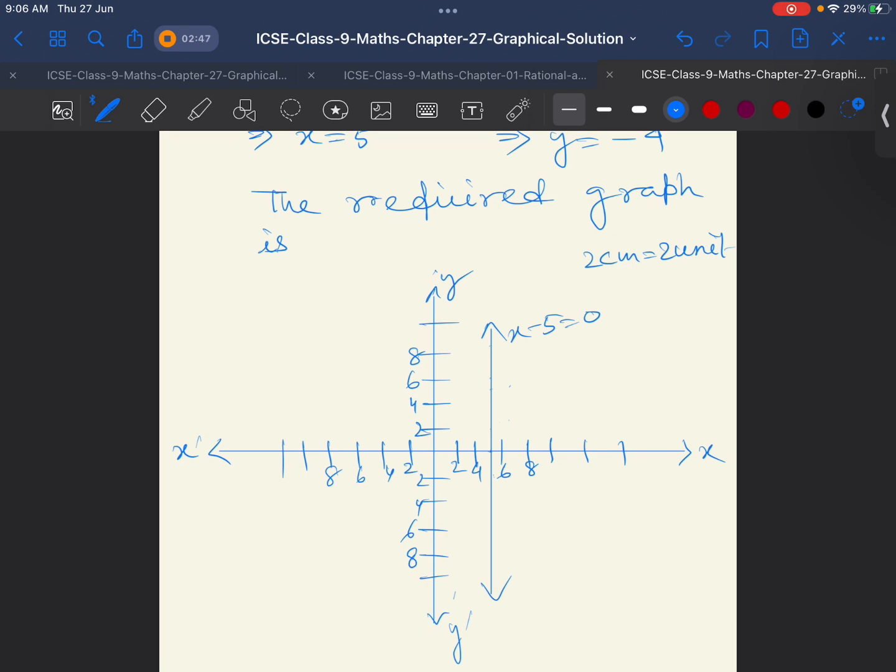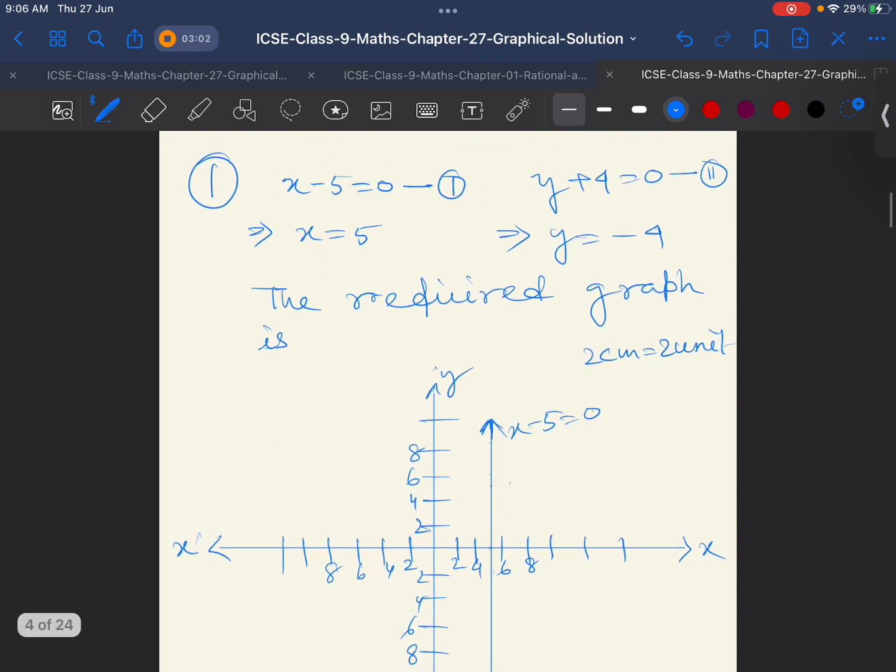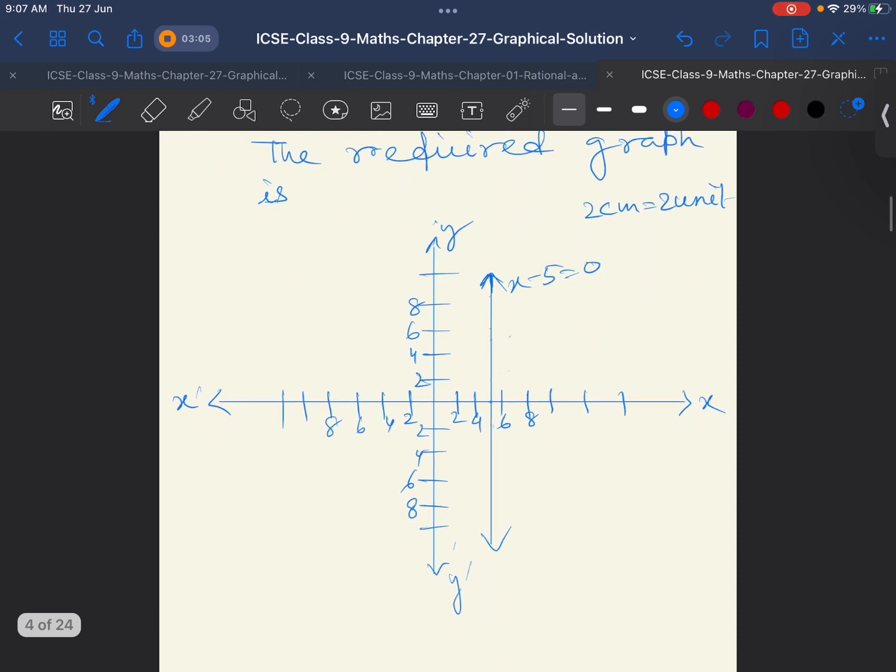Okay. Here minus 2, y is minus 2, x is 5, y is minus 4. Okay. So this line is going through these points.